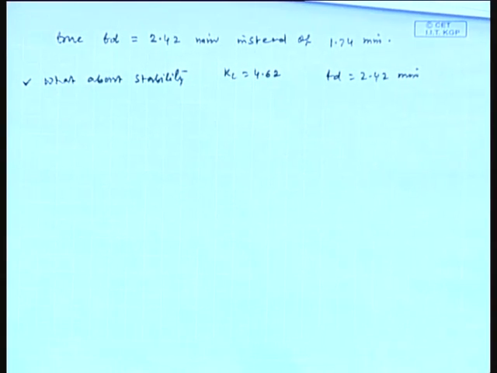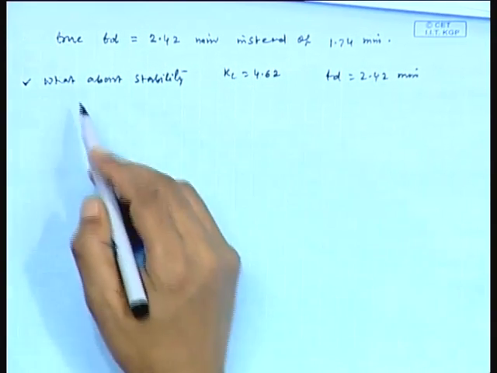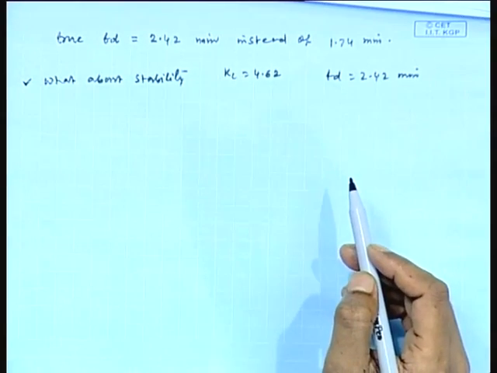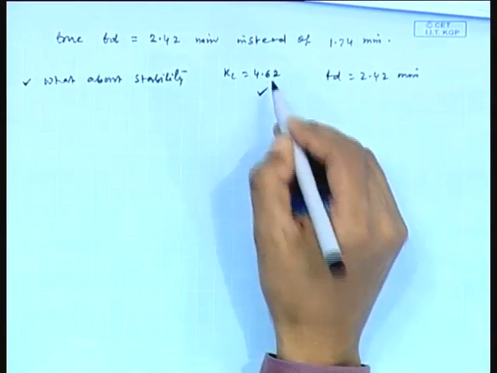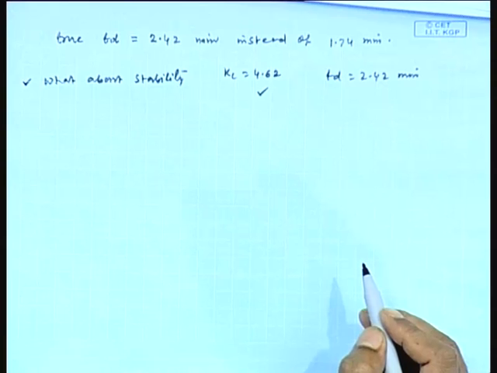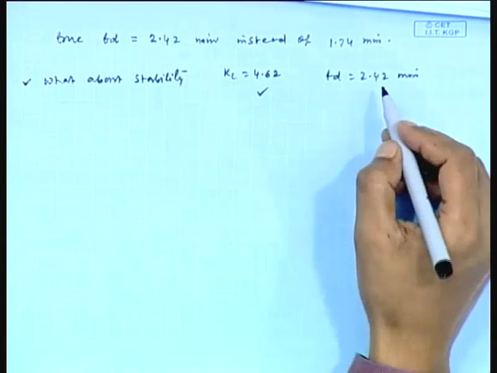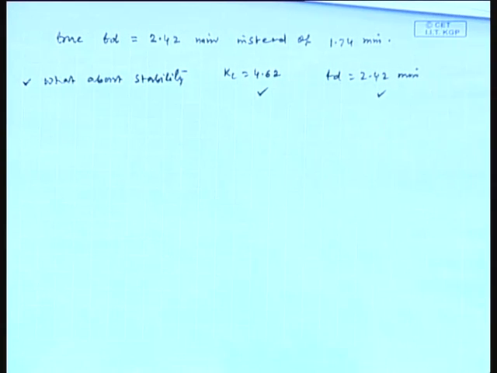We found the Kc value 4.62 based on the wrong dead time value. Now, the question is what about stability, if we use Kc equals 4.62 when the original dead time is 2.42 minutes.